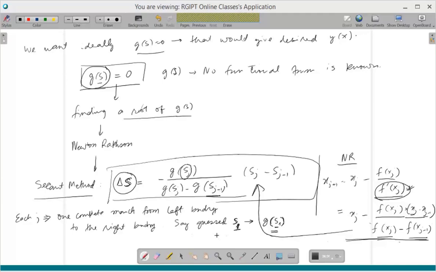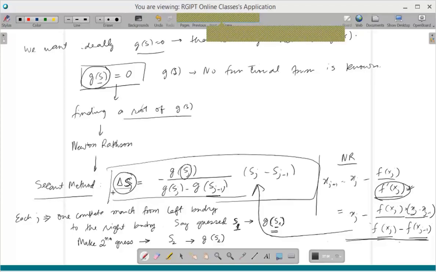So I have to make two guesses. Make a second guess, let's say S2, and from that you get an error at the other boundary. So now I have 1 and 2 given, and therefore I can calculate delta S.